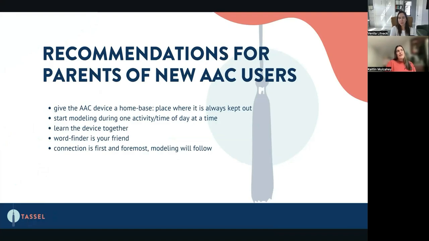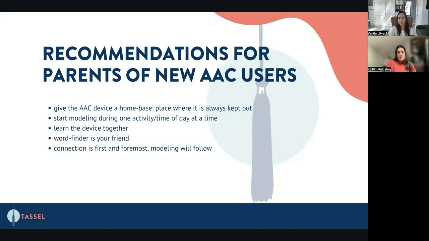When I have a family get an AAC device for the first time, I honestly tell them, first and foremost, have a home base for the device. Where in your house can the child reach the device if they want to go to it? And where can you put it every day so it's accessible for everybody?